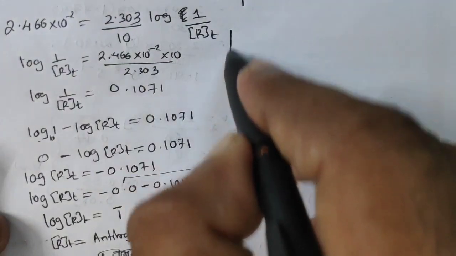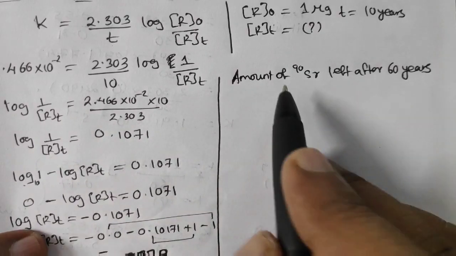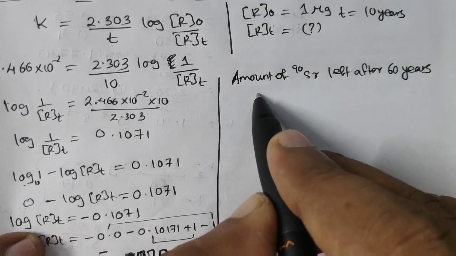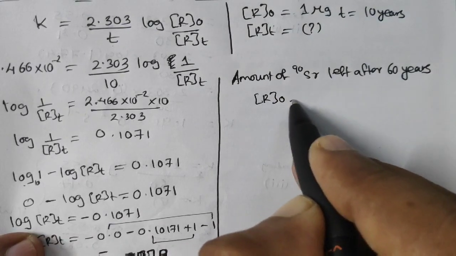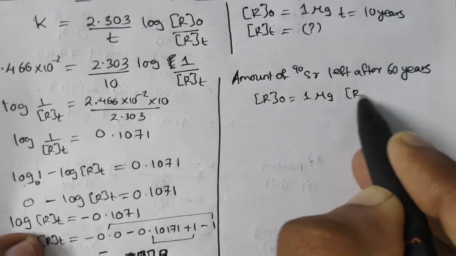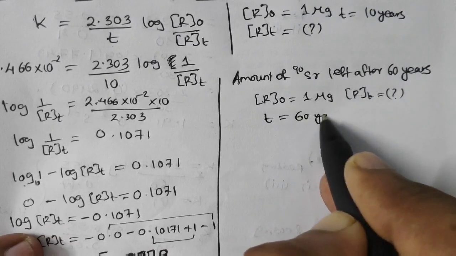Now the next part. Amount of strontium Sr-90 left after 60 years: R0 will be the same only, that is 1 microgram. Clear? RT we need to find, and T will be equal to 60 years.